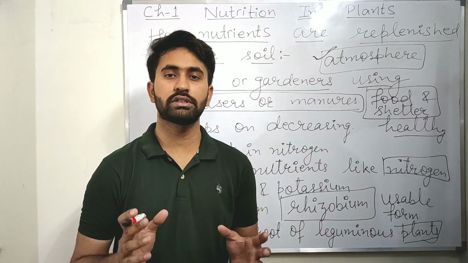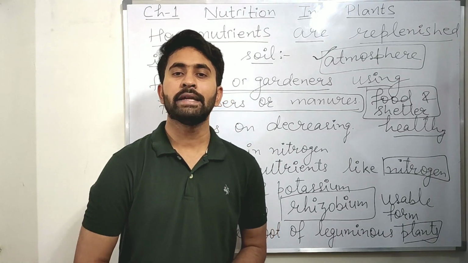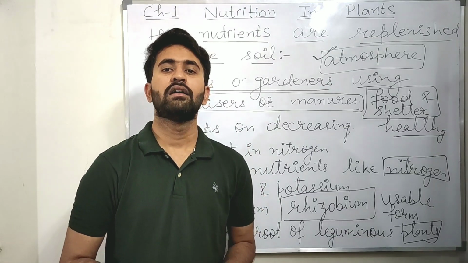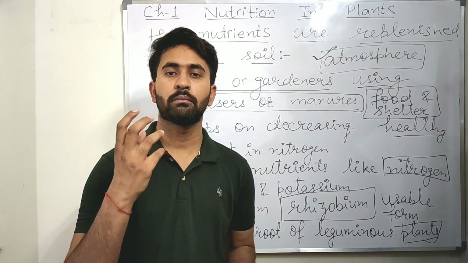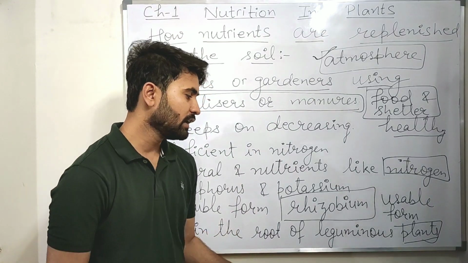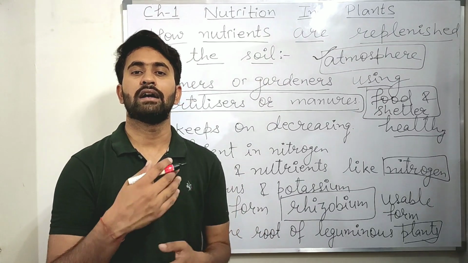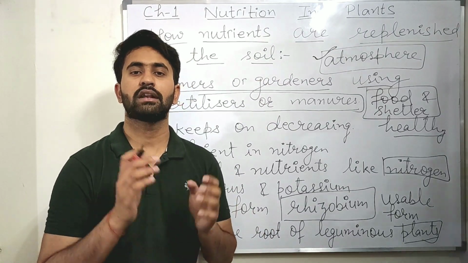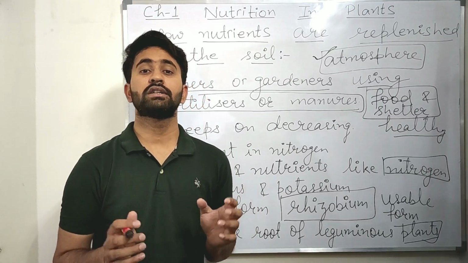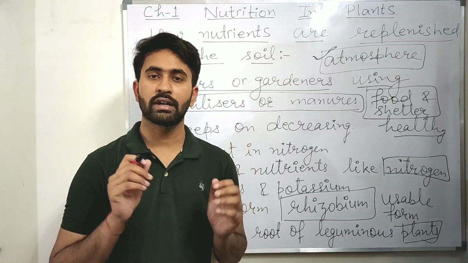Growing leguminous plants can reduce the use of nitrogenous fertilizers. If we grow leguminous crops, we don't have to use many fertilizers. That is the benefit of leguminous plants. That's why they are alternated with crops like wheat and rice, because wheat and rice need a large amount of nitrogen.